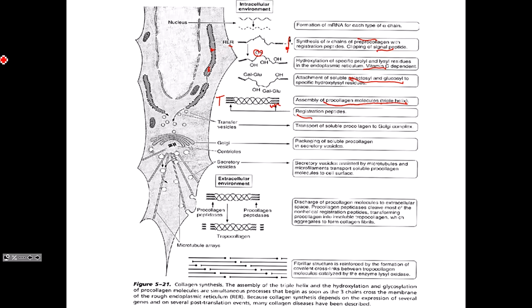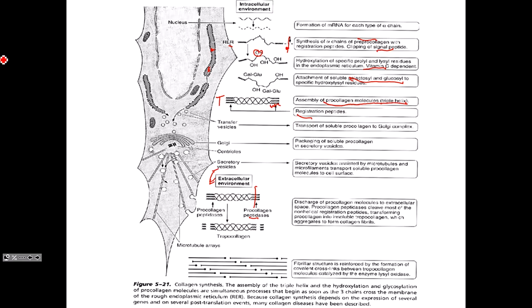Then as that procollagen molecule is secreted into the extracellular environment, it comes into contact with an enzyme, a procollagen peptidase, that clips off a chunk of the registration peptide. So once you remove a chunk of the registration peptide, you've changed the physicochemical characteristics of that triple helix. Okay, so it is no longer procollagen.